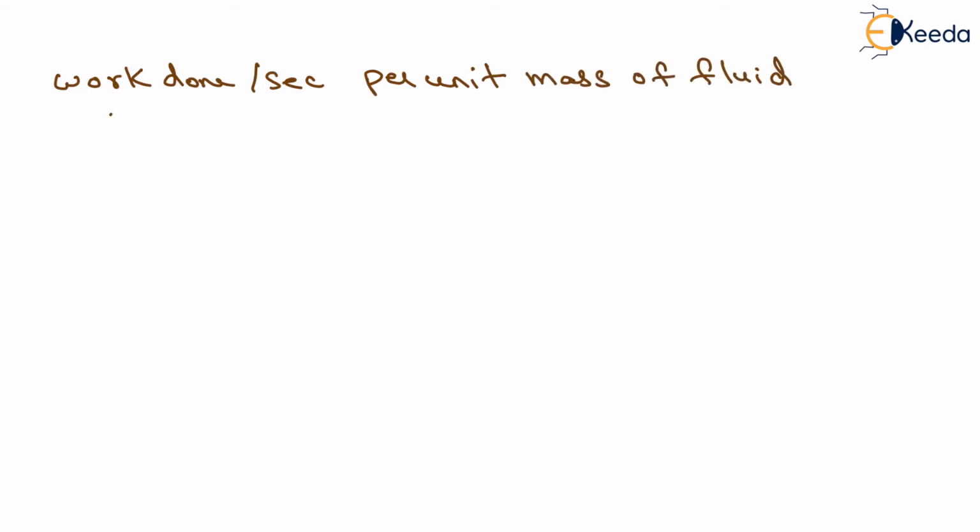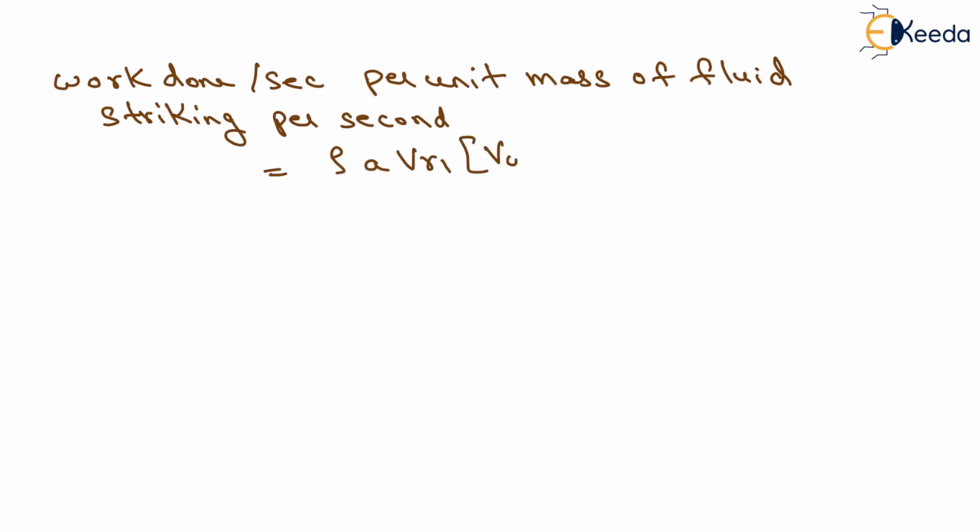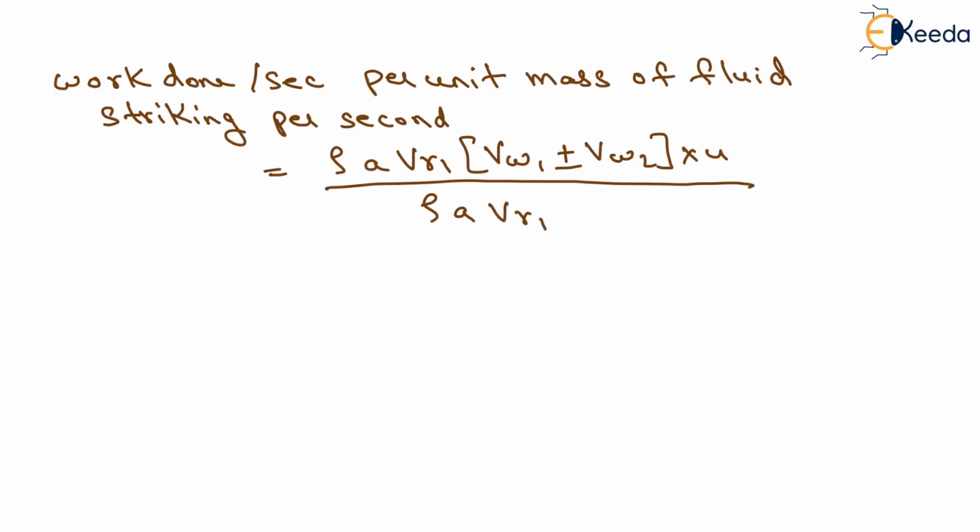Now work done per second per unit mass of fluid striking per second will be equal to rho into A into Vr1 in bracket Vw1 plus minus Vw2 into u divided by mass of fluid striking per second in kg per second, that is rho into A into Vr1.